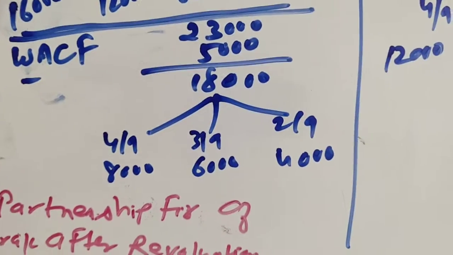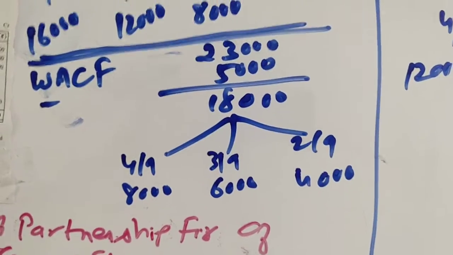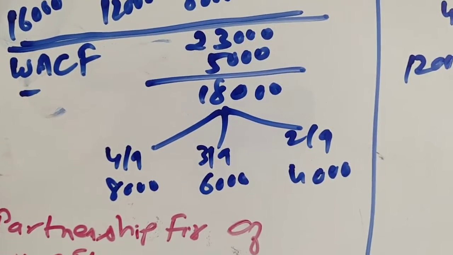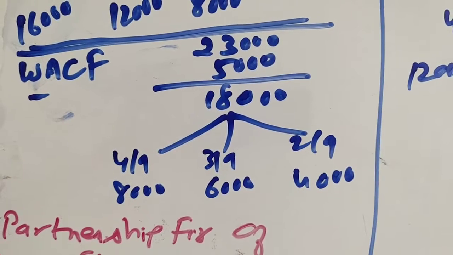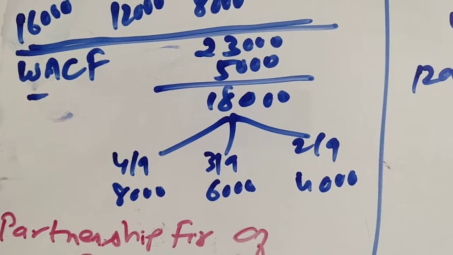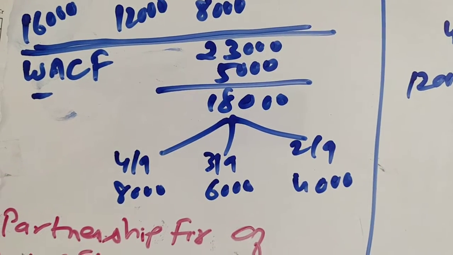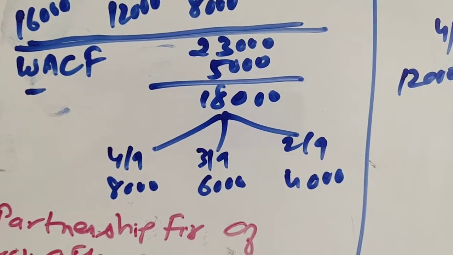Total workers' accident compensation fund 23,000. Out of that, 5,000 will be the claim amount and 18,000 will be distributed among the old partners in their old ratio, that is 4:3:2, 4/9, 3/9, 2/9, which comes to 8,000, 6,000, 4,000 respectively.